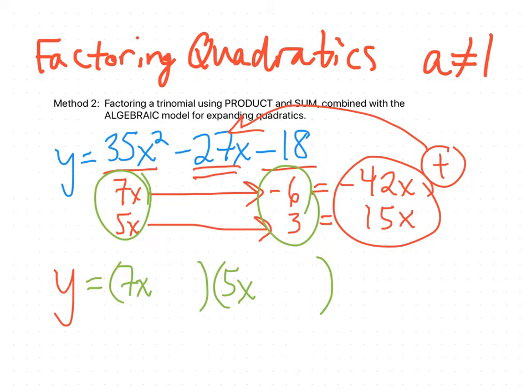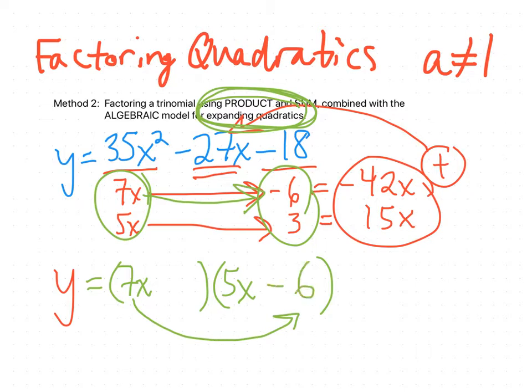However, we need to consider how they're multiplied. So since 7x has to multiply with the negative 6, that means if we consider how expanding quadratics occurs, the 7x, in order to multiply with the negative 6, has to be in a different bracket.